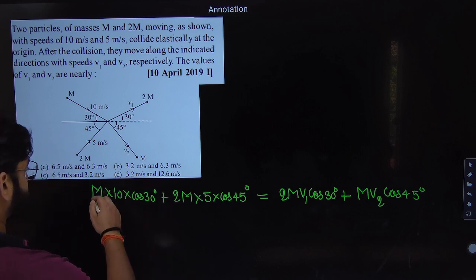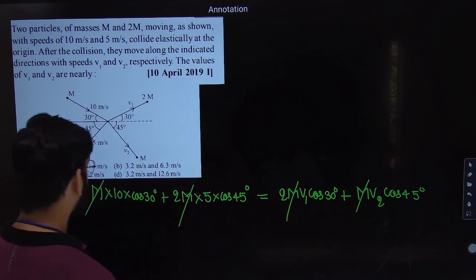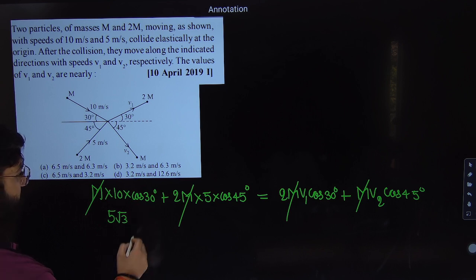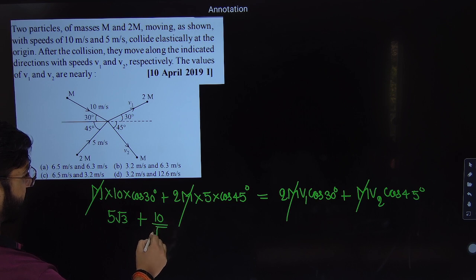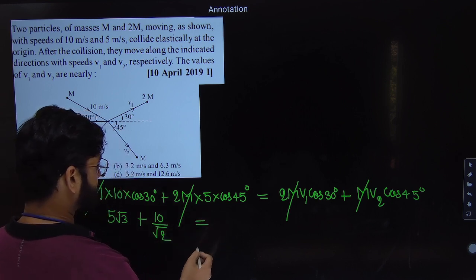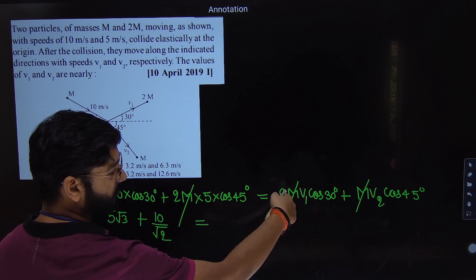What can we cancel? M, M, M, M. So 10 cos 30 will be how much? 5 root 3. Then this will be what? 10 by root 2. This 2v1. So root 3 by 2. 2 gets cancelled.